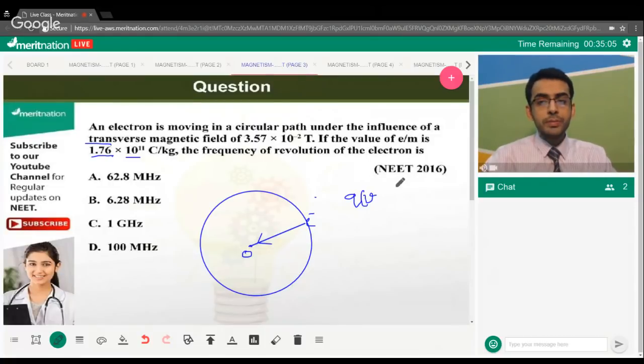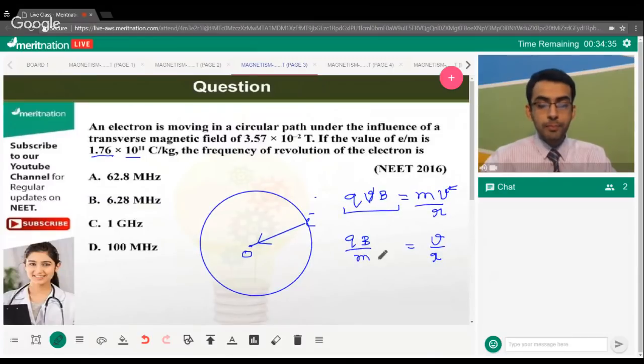So QVB is the magnitude of magnetic force, and that's equal to m v squared by small r. We can cancel out V and V, and we can say V by R is equal to QB over small m.